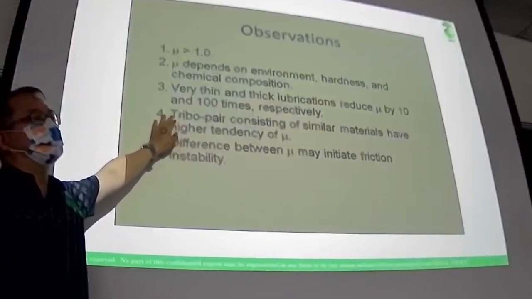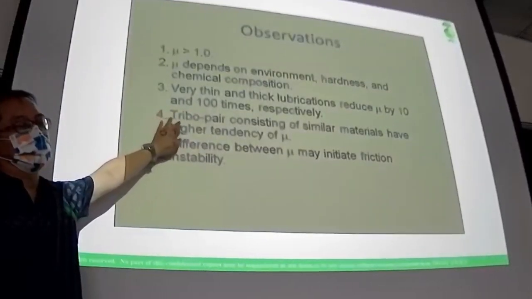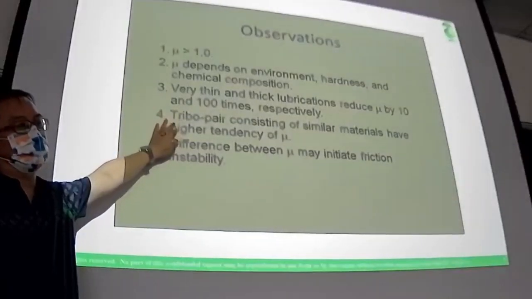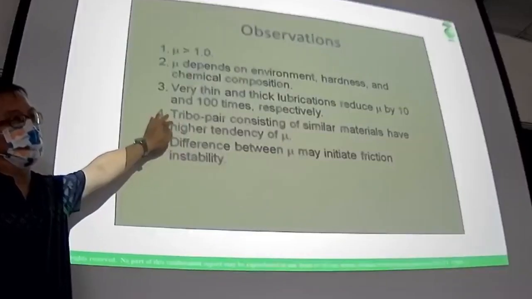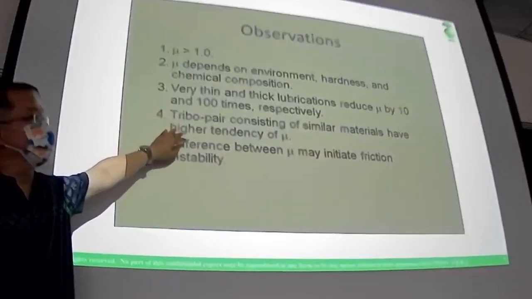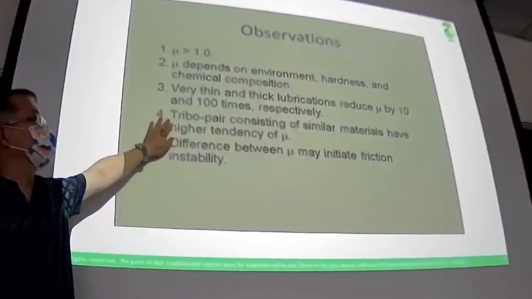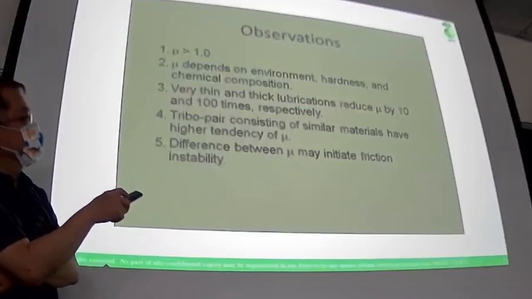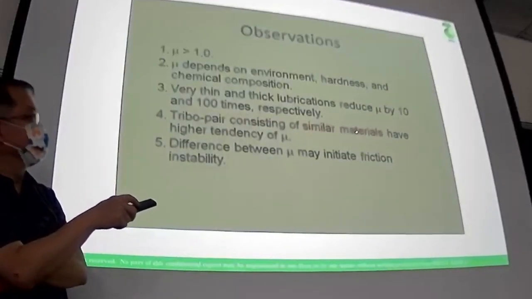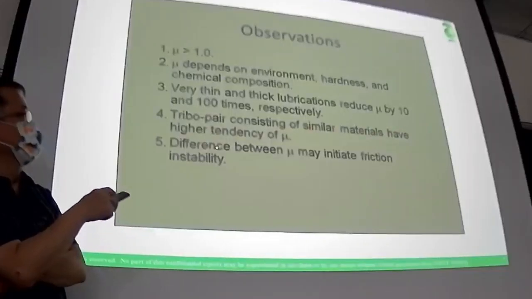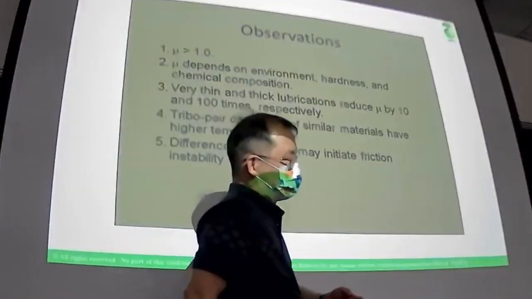So those two bodies are tribal pairs. 通常我们会把这个物件一跟物件二表面接触做相对运动，我们把这一个物件一跟物件二叫做模润对 (tribal pair). For tribal pair consisting of similar material, they have a higher tendency of coefficient of friction. This is due to the adhesive friction.